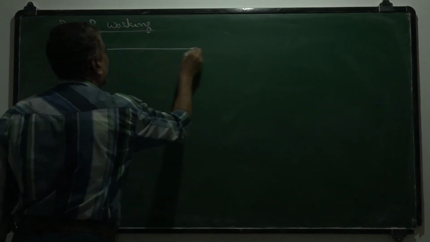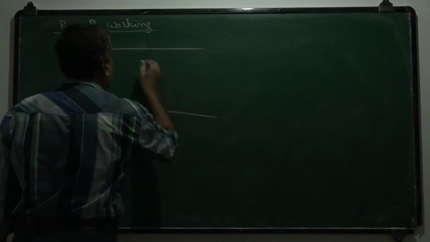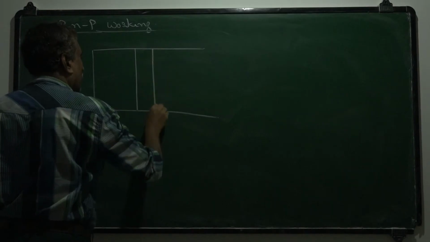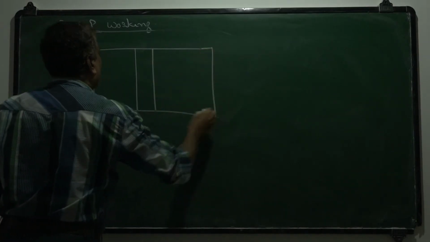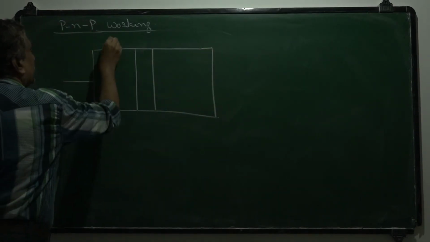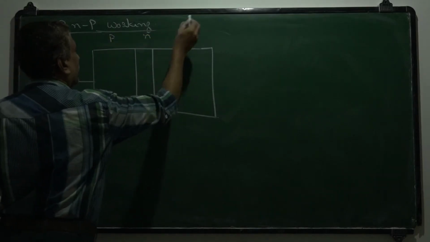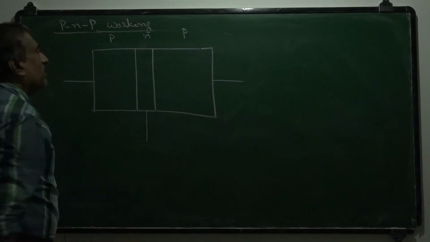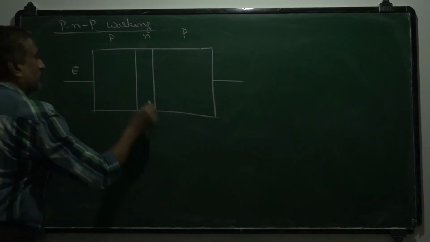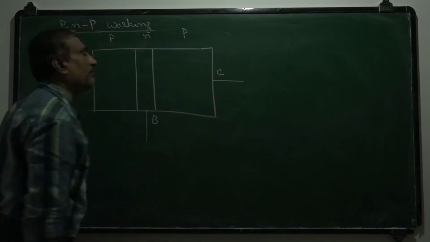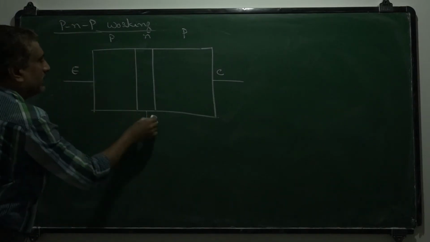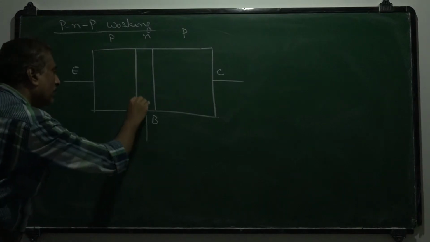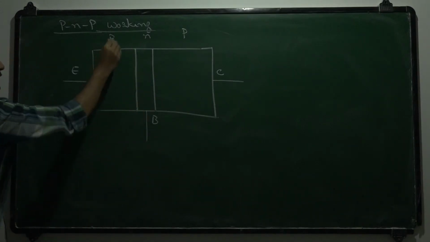Assume that this is PNP. This is emitter, base, collector. The emitter base junction, that means this PN junction, must be forward biased.